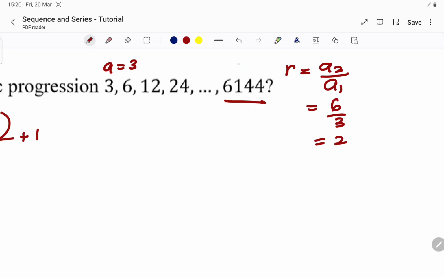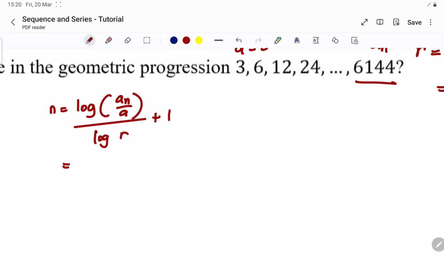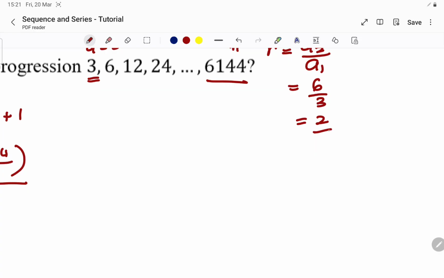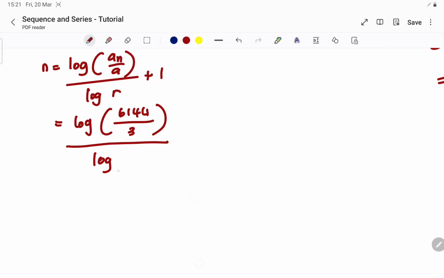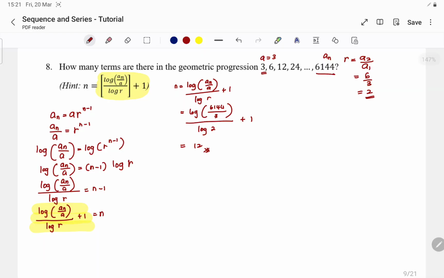This is our an, the one that we want to know. So log 6144 divided by a. We have a equal to 3. Divide by log r. Do we have r? Yes, we have r equal to 2, plus 1. Then you calculate, you're going to get 12. So this is your answer for question 8.